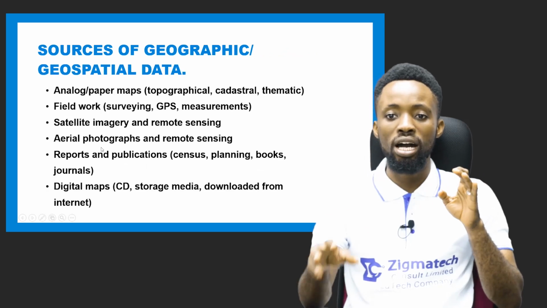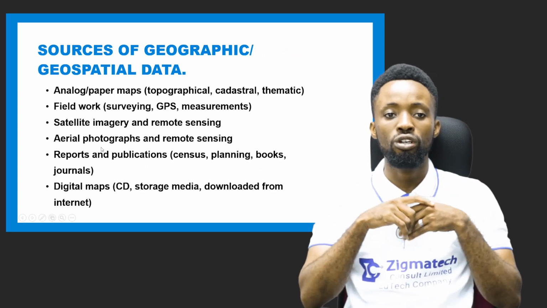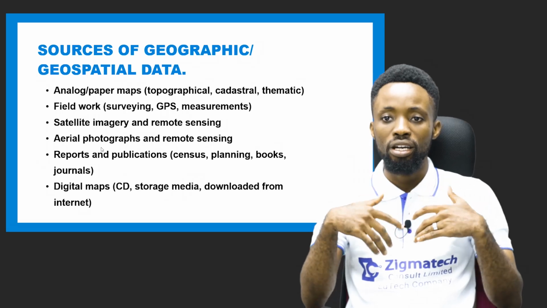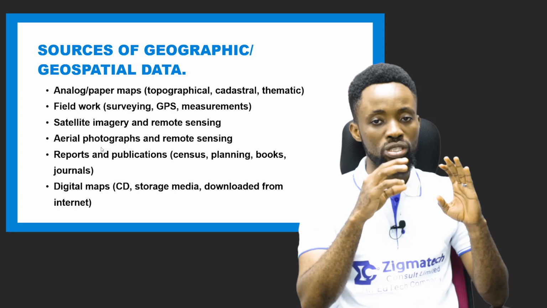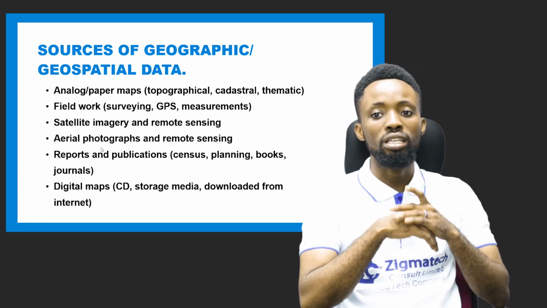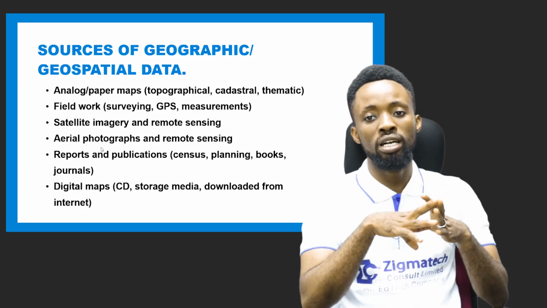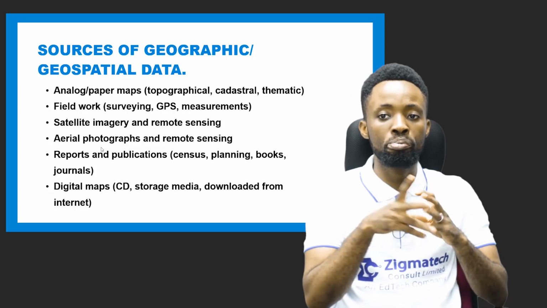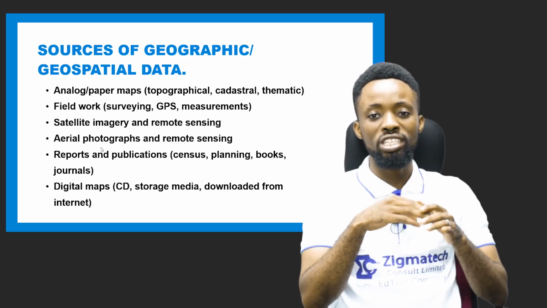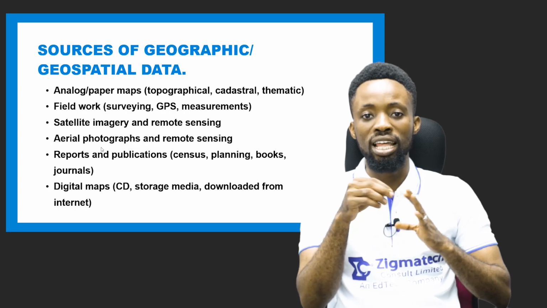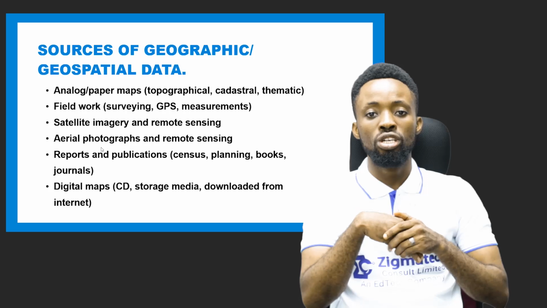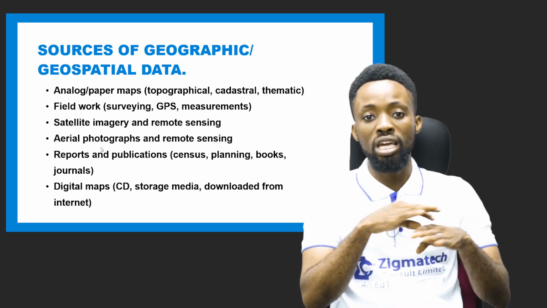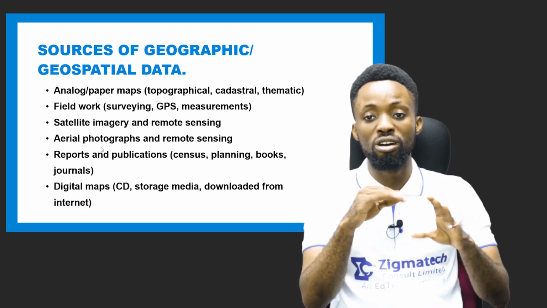Now, what are the sources of geographic data or geospatial data? Where can we get these data? Geographic data or geospatial data can be gotten from analog or paper maps. So you see that map in your atlas, you see that cadastral map that you use to locate a place, you see that thematic map that has to do with any topic or any theme in geography.